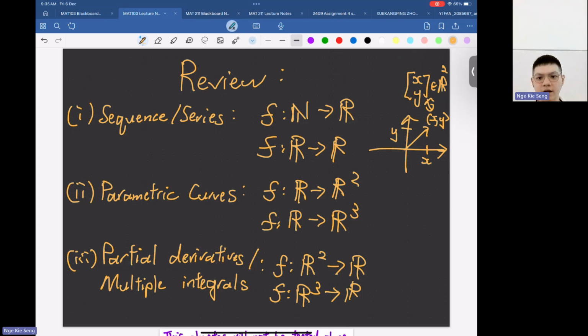So you have seen quite a lot of mathematical objects or functions here. Next up, we'll learn about vector functions.